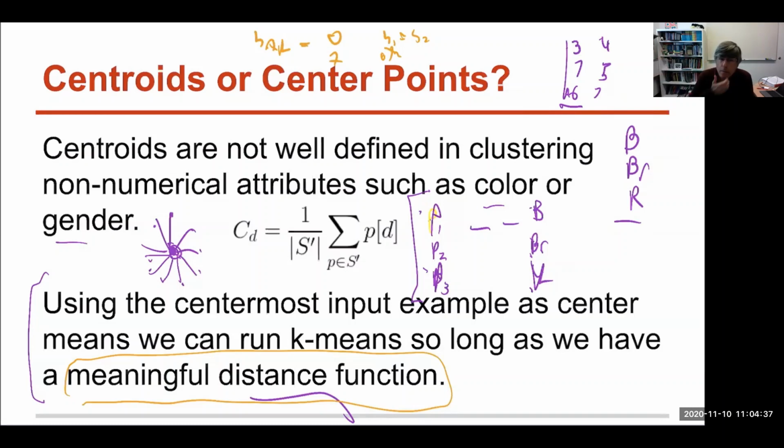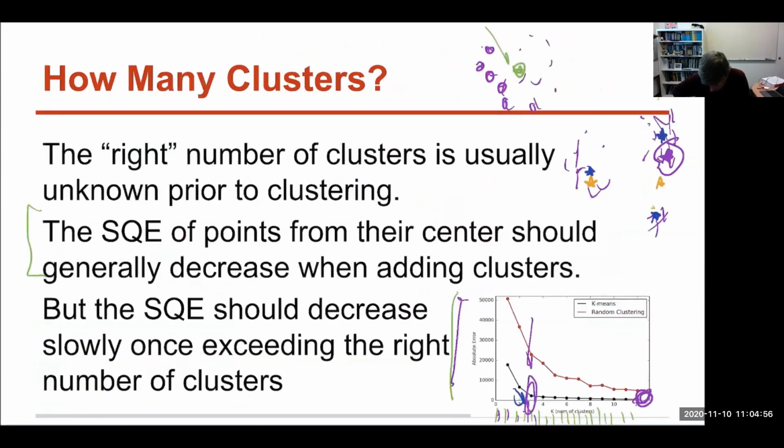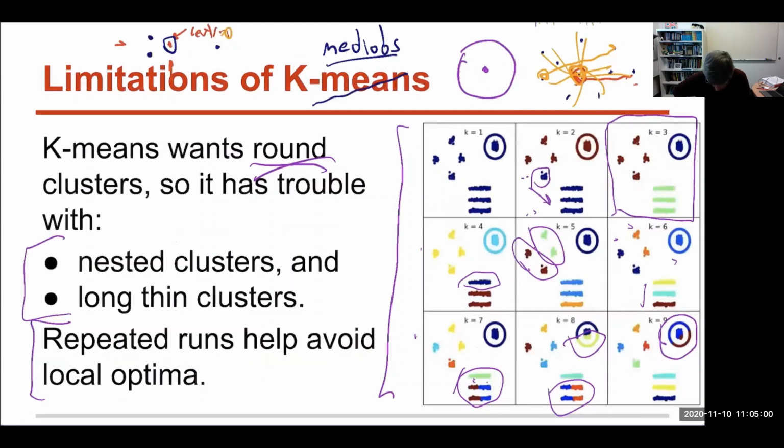But regardless, so long as you have a distance function that takes into account the categorical labels, perhaps you did a 1-hot encoding and gave a distance function, then you can identify the centermost point in a cluster, and that will give you the representative that you need for k-means. Any questions about that?